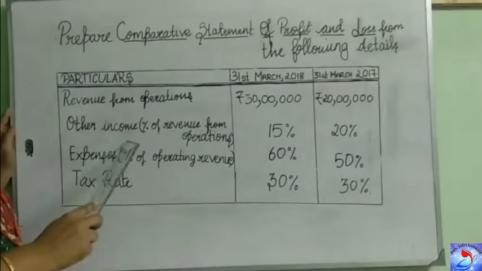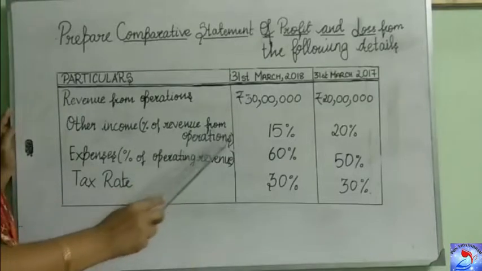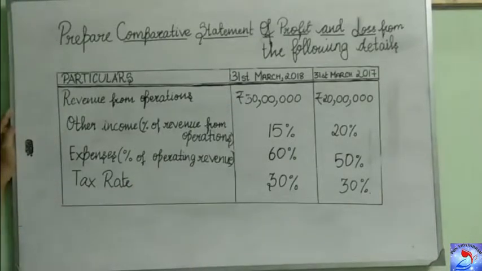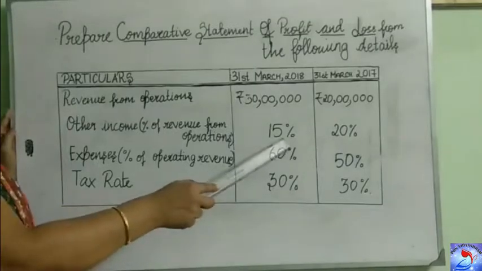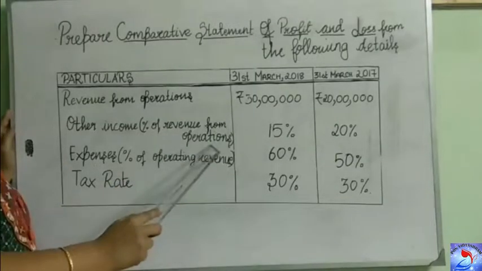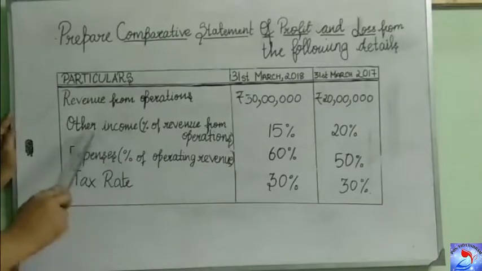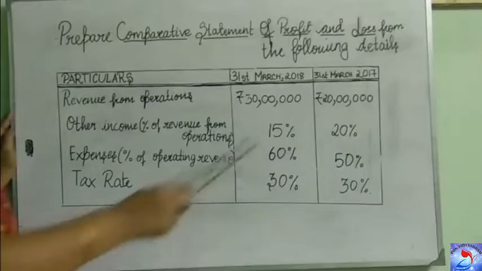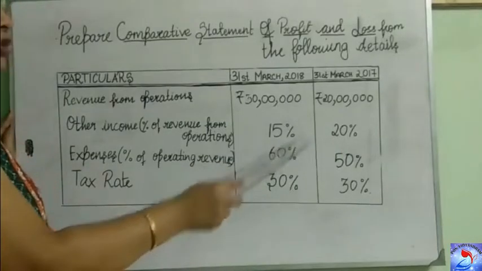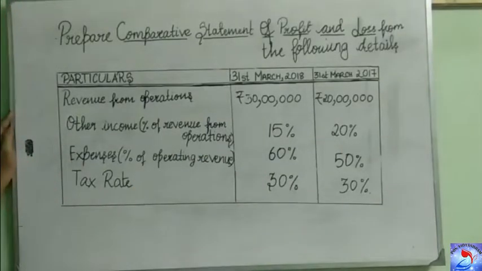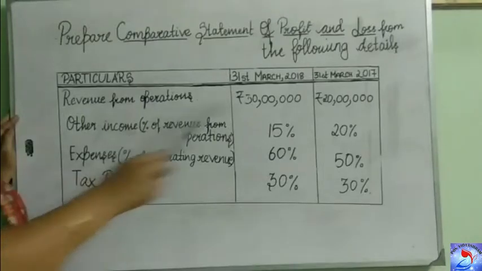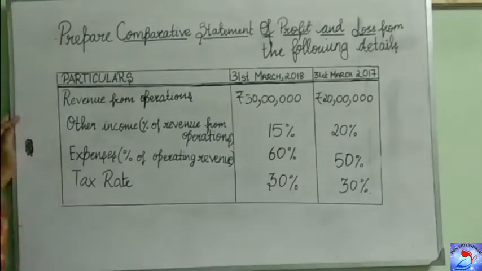They say that other income is a percentage of revenue from operation. It is 15% of revenue from operation. So to calculate the other income, the first step is to calculate 15% of 30 lakh and find the other income for 31st March 2018.